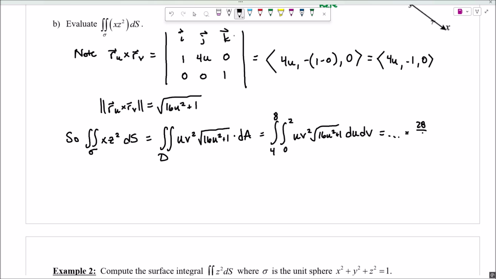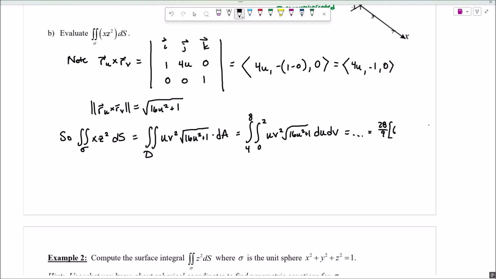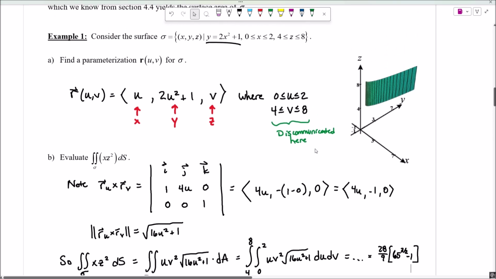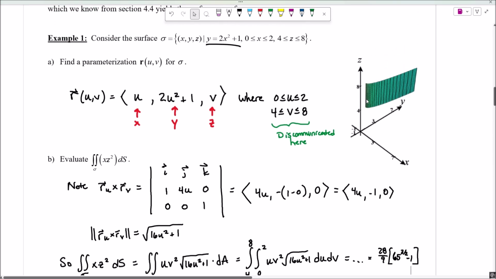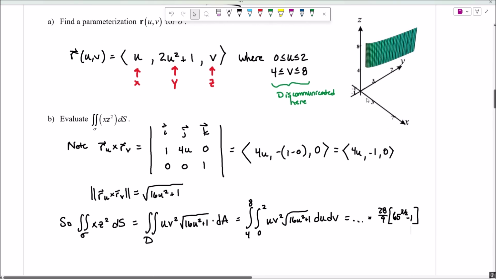This, though, is what the final result ended up being if you were to compute it yourself. Let me just zoom out here slightly. So I ended up with 65 to the 3/2 power in there, minus 1. So hopefully this gives you an idea of how exactly I can go about evaluating or setting up one of these surface area integrals.